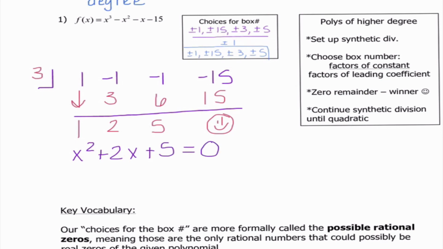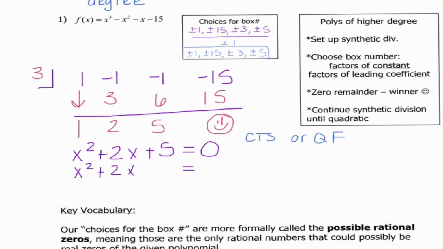Now I need to continue solving this, and this relates back to what we learned the very first lesson in this particular chapter. There are no factors of 5 that add up to be 2, so we can either complete the square or use quadratic formula, and it's really up to you. It doesn't matter. I'm going to use completing the square for fun.